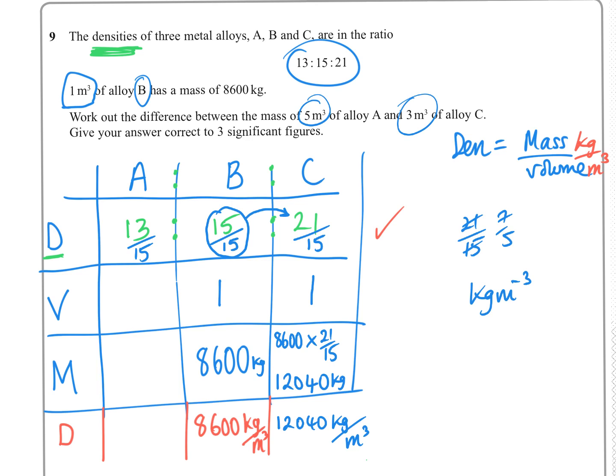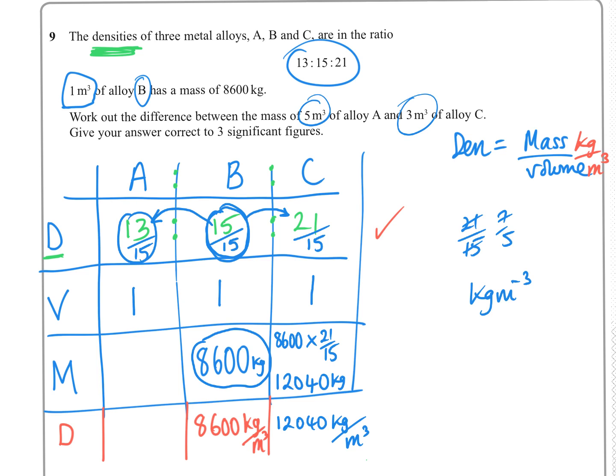They're both the same. And then for this one, for 1 meter cube, I'm going to times what I knew 1 was worth for alloy B, because don't forget I could make this 1 here, and then I can compare. So that's going to be 13/15 of 1. So it's going to be 13/15 of 8,600 in proportion.